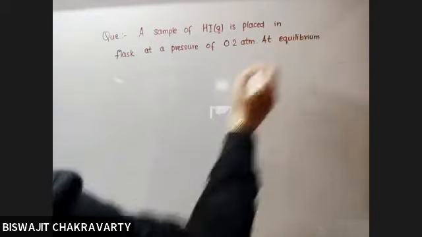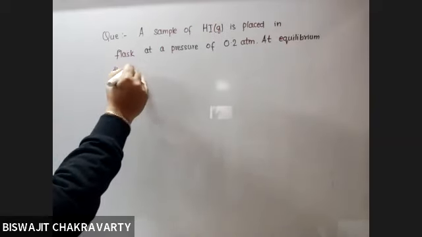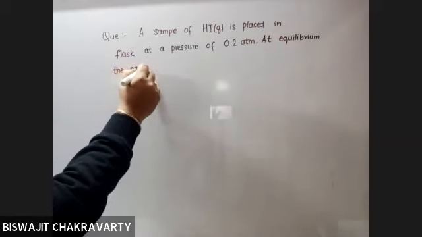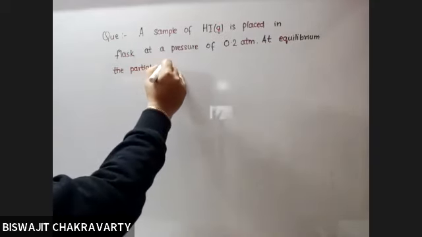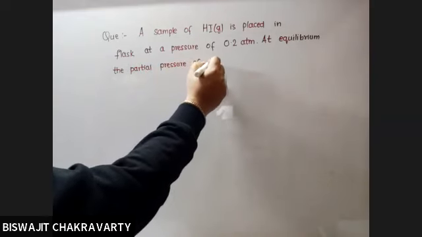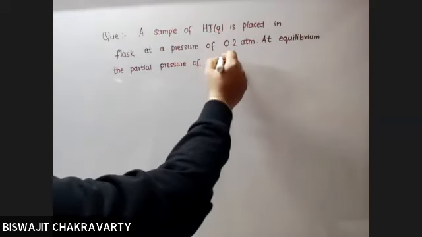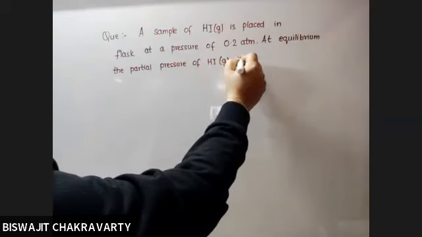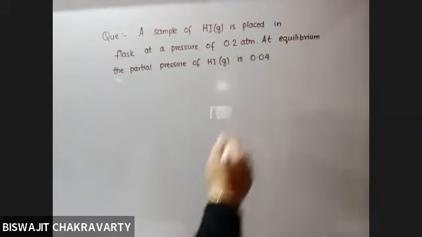At equilibrium, the partial pressure of HI is 0.04 atm.